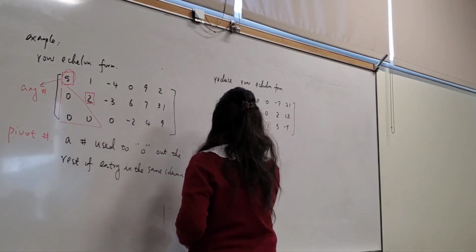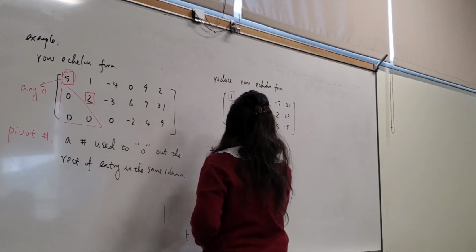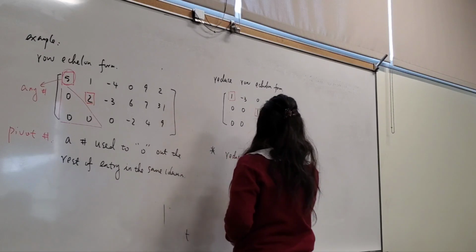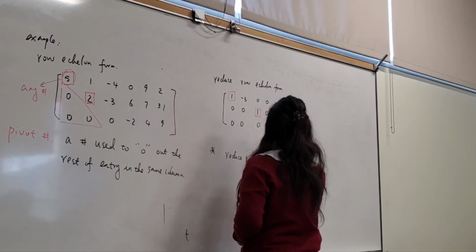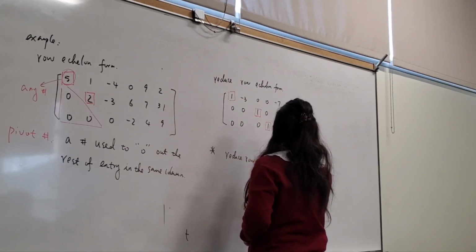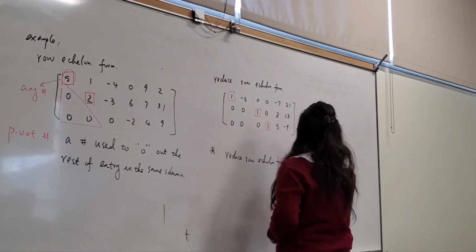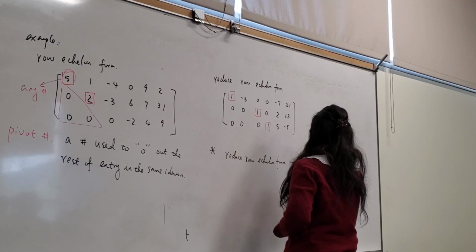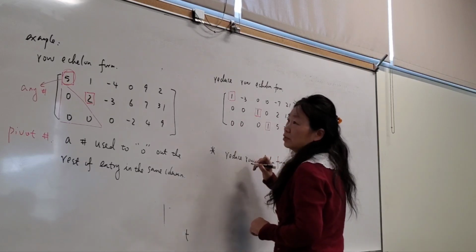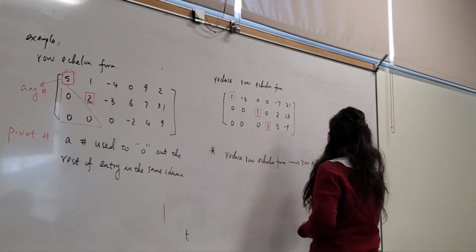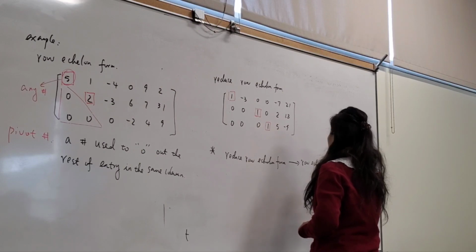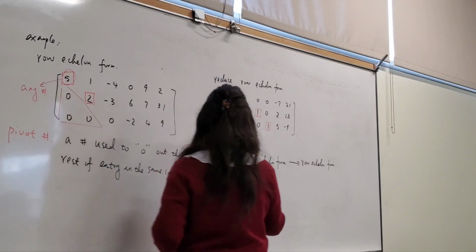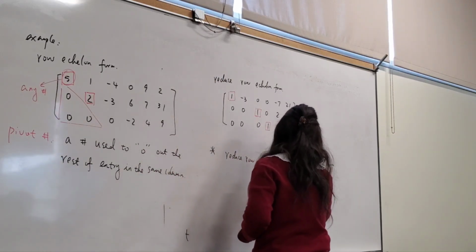But if you are row echelon form, you are not necessarily reduced.